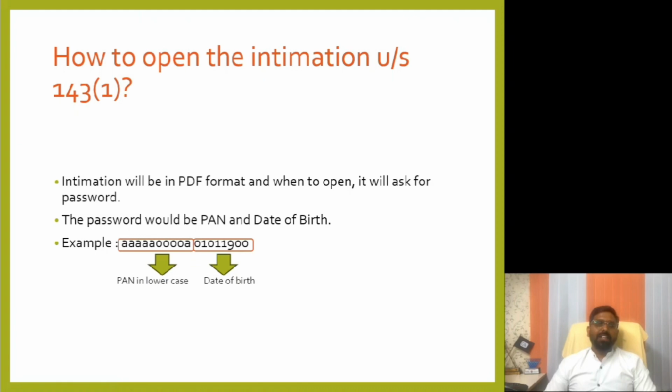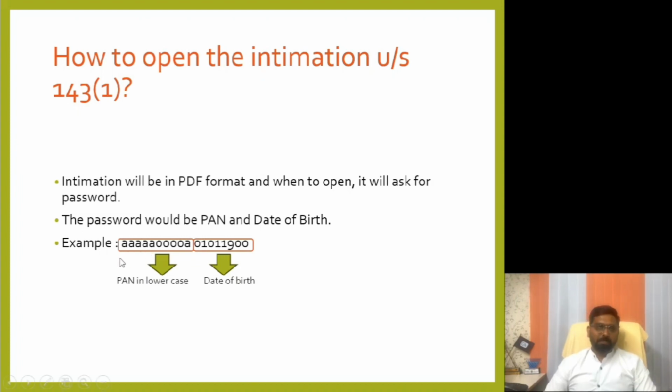How to open intimation under section 143(1)? The intimation that is downloaded will be in PDF format, and to open it, it will ask for a password. The password to open this intimation will be a combination of your PAN number and date of birth.